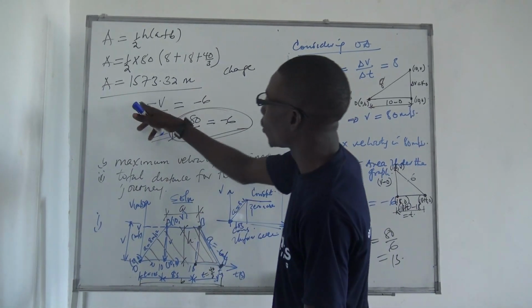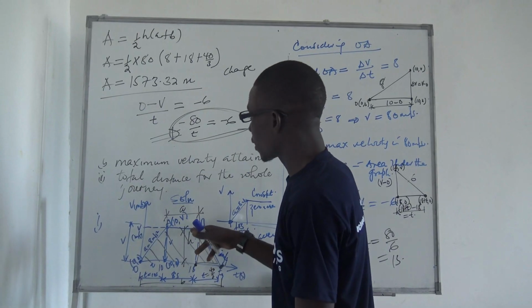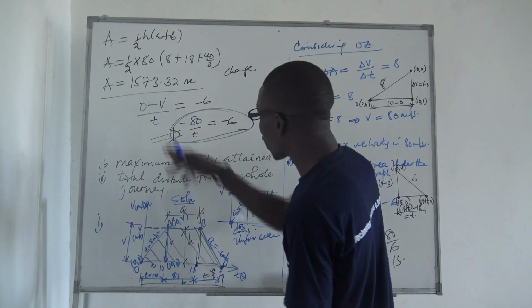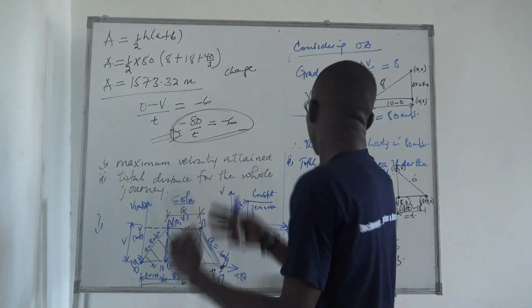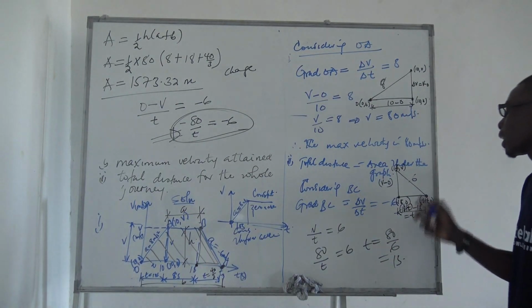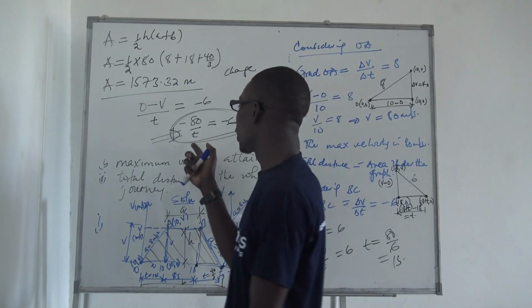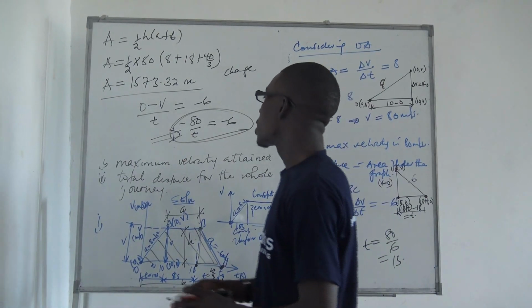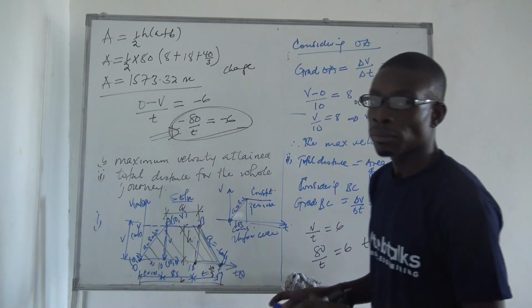So if the final here is 0, I'll say it is 0 minus the one which is here, V, divided by the time here, which would be T minus what is there. That was giving us 18 plus T minus 18. That is still a value of T that should be equal to -6. And from there, you can get your time.